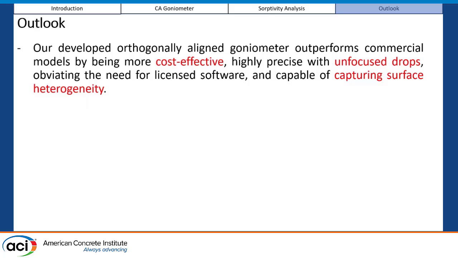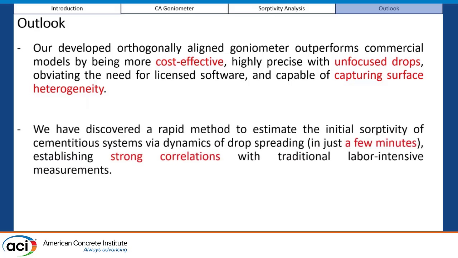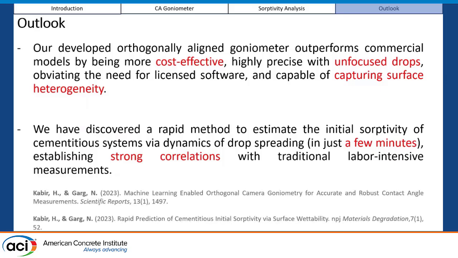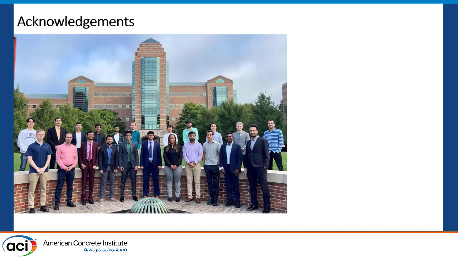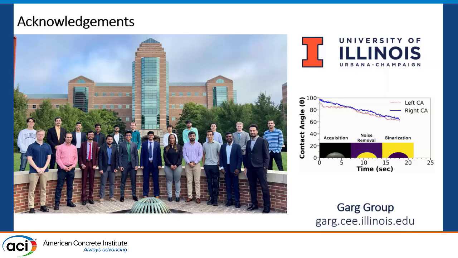As long as you have good data, you're able to train your model. Then with this inexpensive goniometer, in a matter of a few seconds or minutes, you're able to predict how much water your system can absorb. So that's my presentation, and these works are accessible in these papers. With that, I'm happy to take any questions.